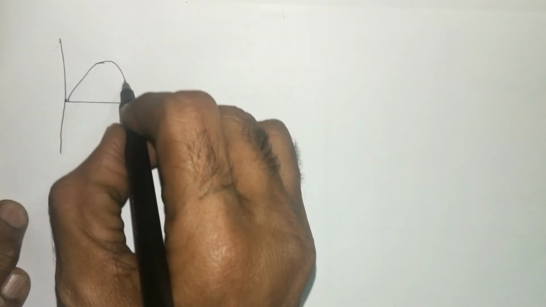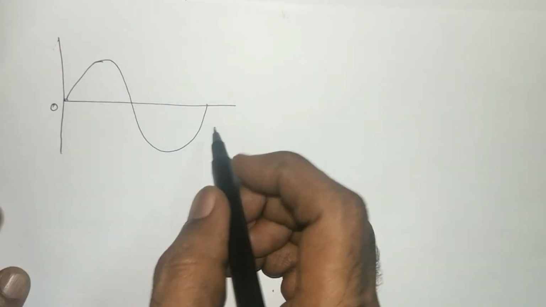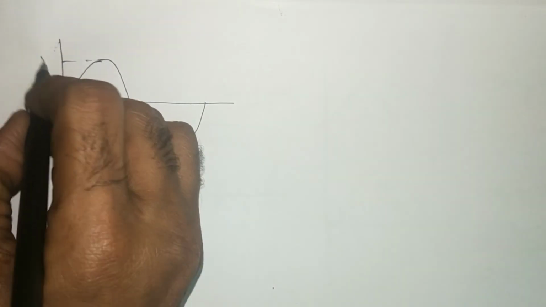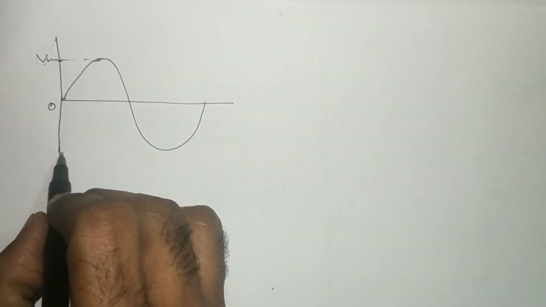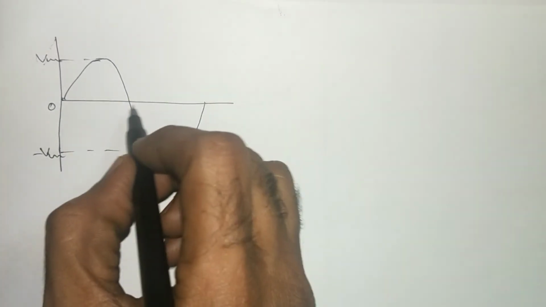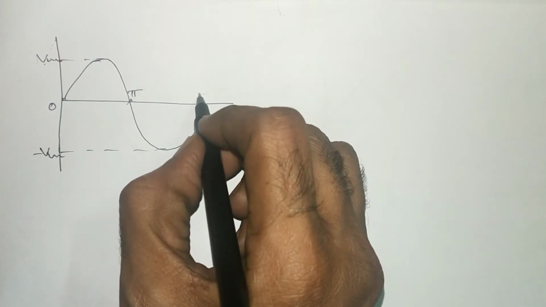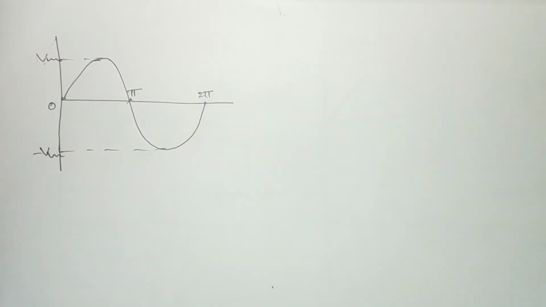I am considering the waveform like this. Say this is 0, this is the positive maximum Vm, and this is the negative maximum value minus Vm. This is 180 degrees, which is represented by pi, and this is 2 pi radians.